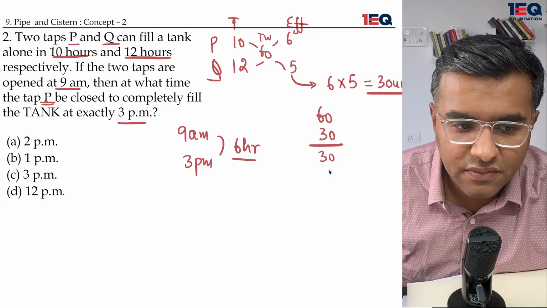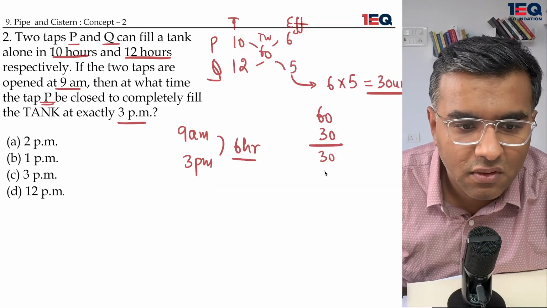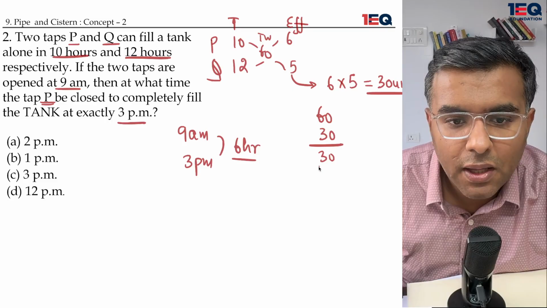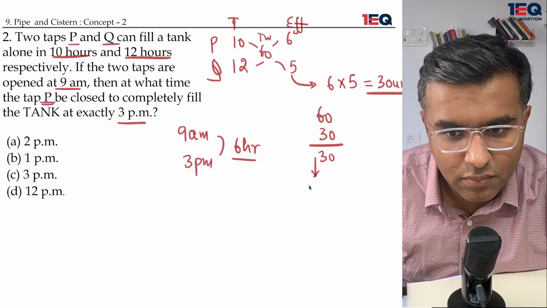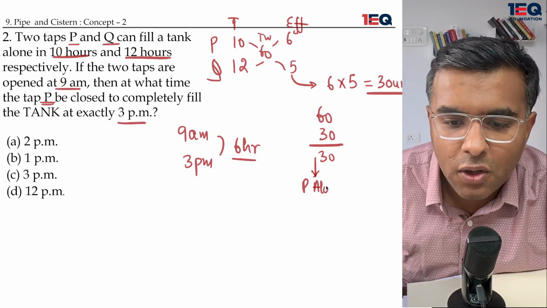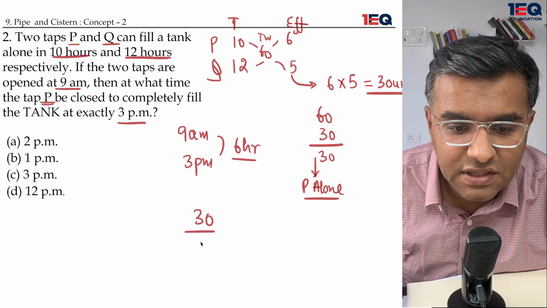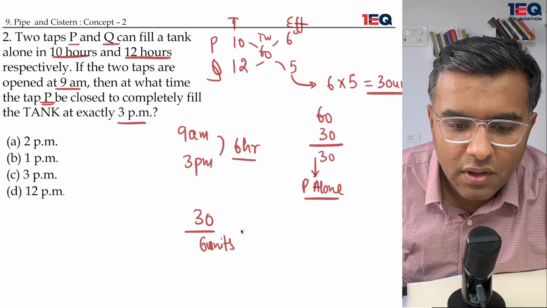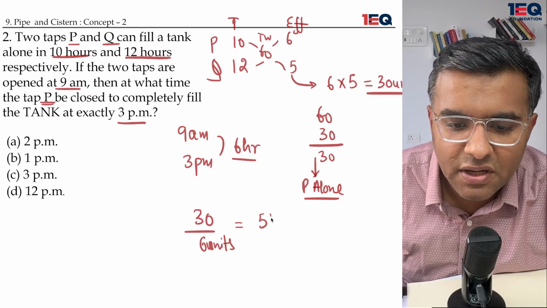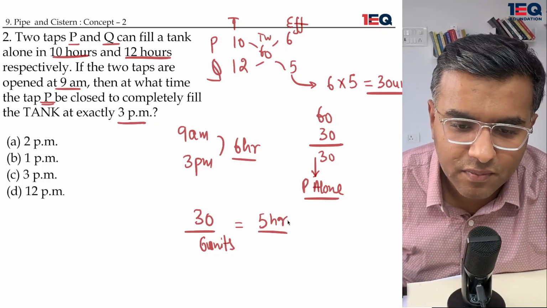This 30 units of work was done by P alone. When P alone is doing 30 units of work and its efficiency is 6 units, I can see that P alone can do his part of the job in 5 hours.